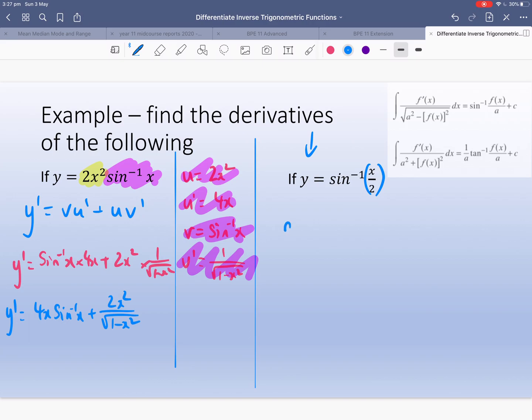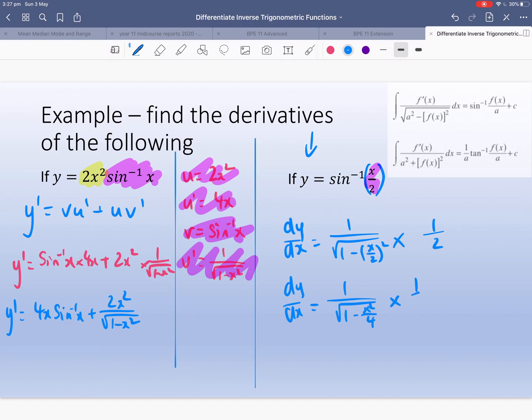So dy dx is going to be the derivative of this, which is 1 over the square root of 1 minus, and what's in brackets, x minus 2 squared, okay? Now I'm going to multiply it by the derivative of the brackets, which is a half, okay? So I'm left with 1 over the square root of 1 minus x squared on 4 times a half.